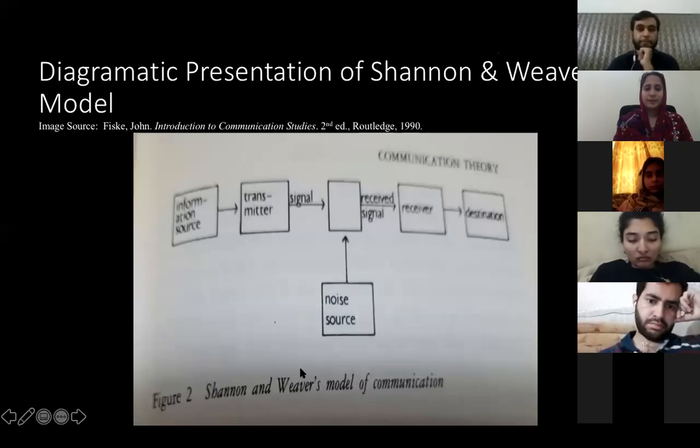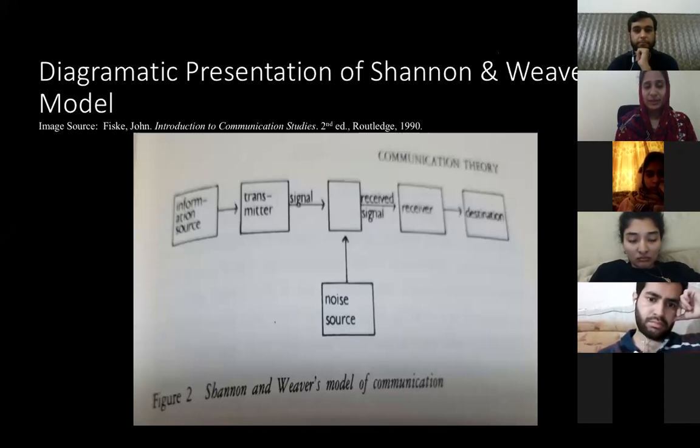All right, sorry, I apologize for the poor quality of this image. I actually took the picture of this image from a book. The writer of the book is John Fiske. The book is already mentioned in the course outline. It is an optional book for you to read.